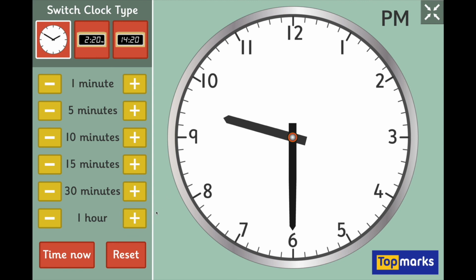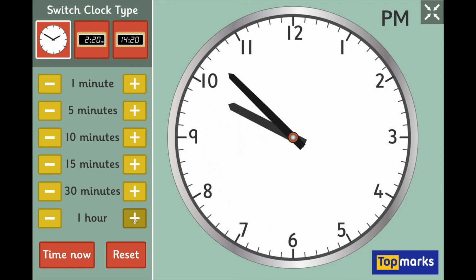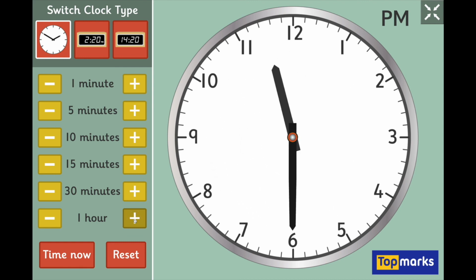No, you're right, it won't, because the minutes will be moving past the hour of 11, so the little hand will end up a little bit after the number 11. Watch and see. Well done. The big hand is pointing at 6 to show us 11:30, and the little hand is a little bit after 11.